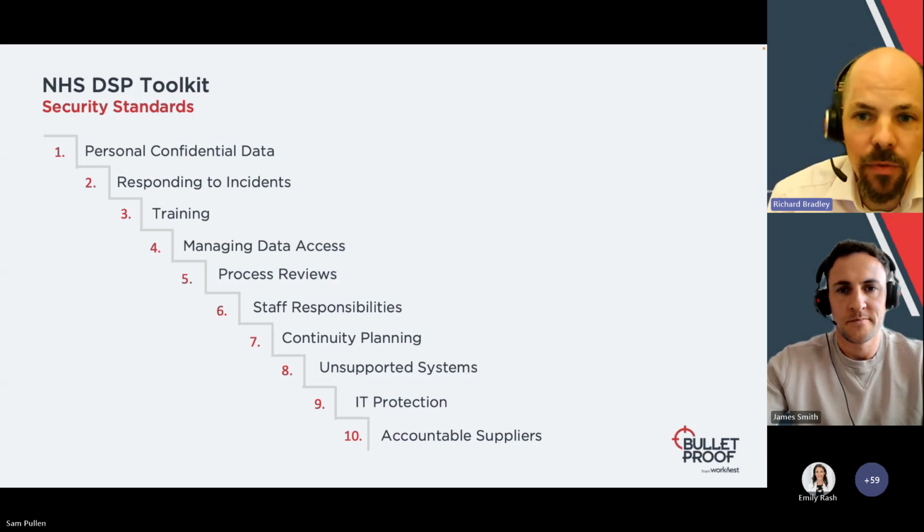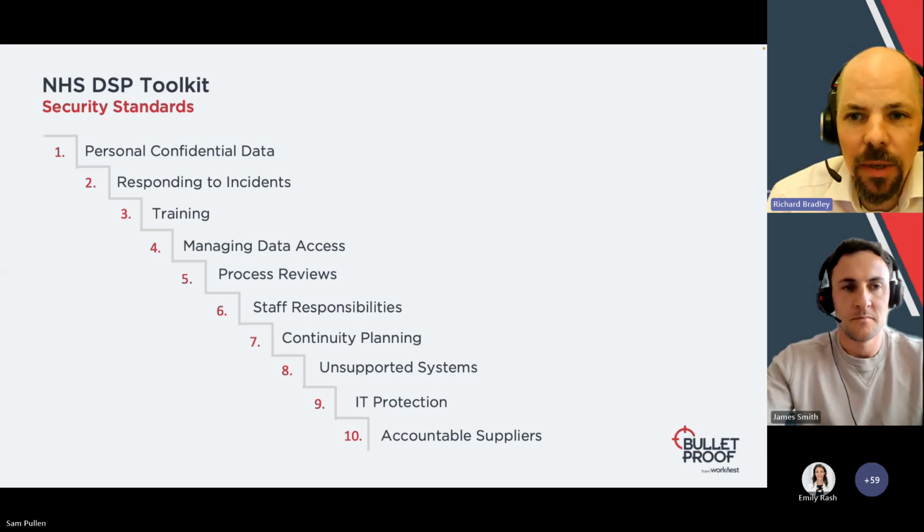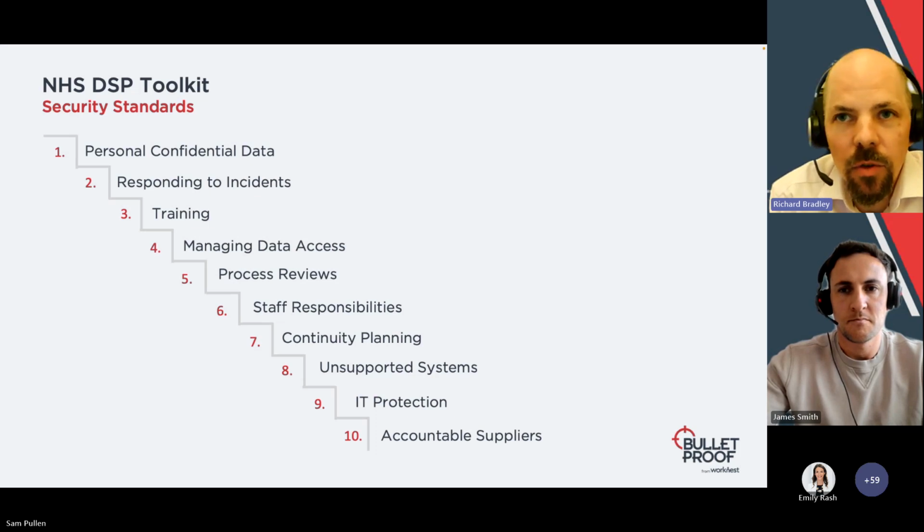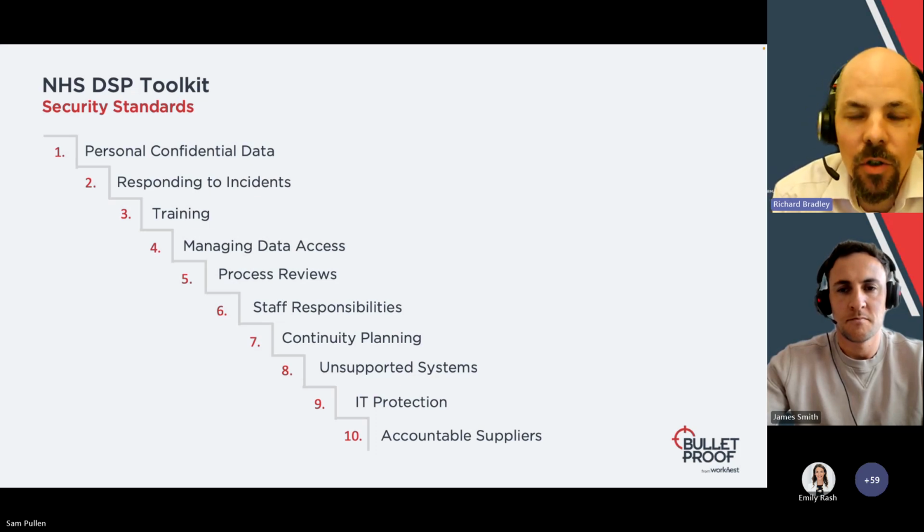Next up, we have process reviews, and this is something that does take quite a bit of work each year, I'm afraid. So this is going back through any incidents, near misses, subject rights requests or complaints that have value to the process, and making sure that we're learning the lessons of what's happened.